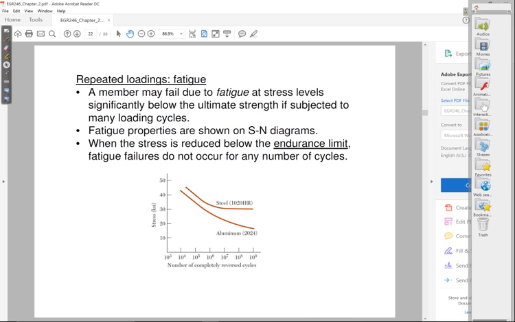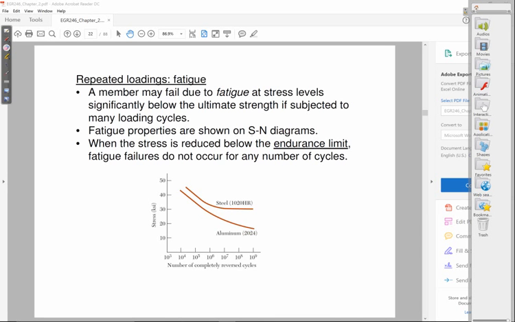So what people have done is perform a bunch of experiments, and then they came up with what are called SN diagrams. S for stress, N stands for the number of loading cycles.